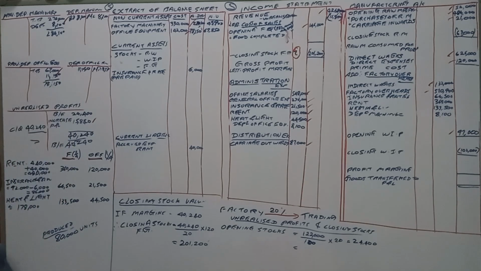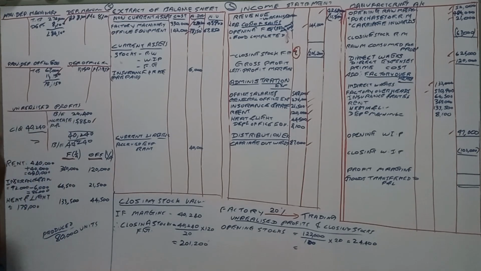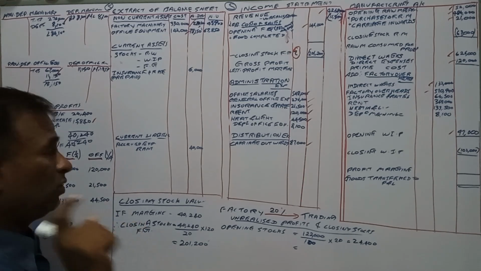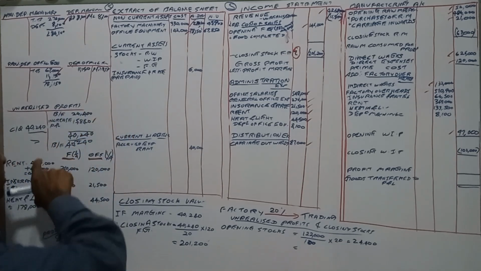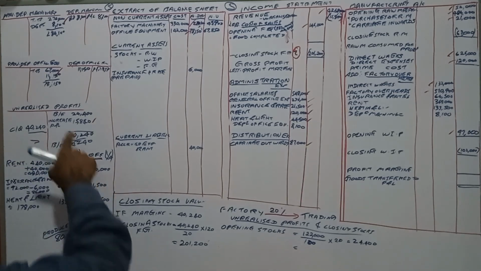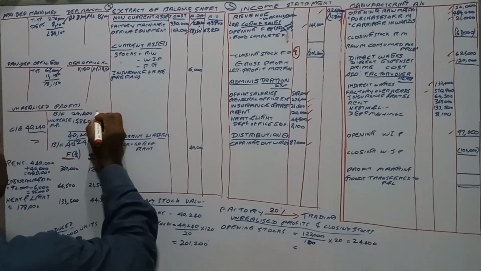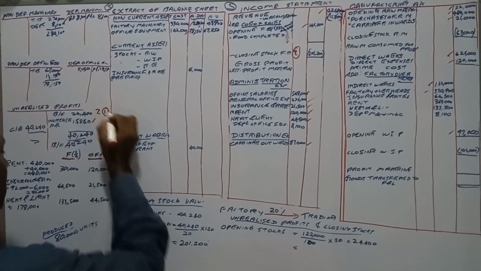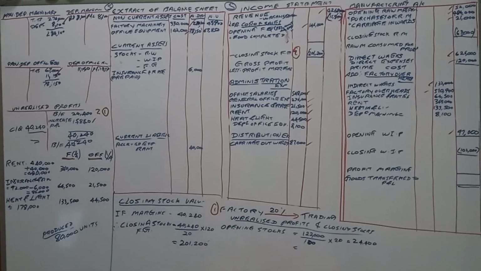They haven't given the brought forward unrealized profits. Brought forward and carried forward unrealized profit we have calculated. This is number one, the calculation workings for that.